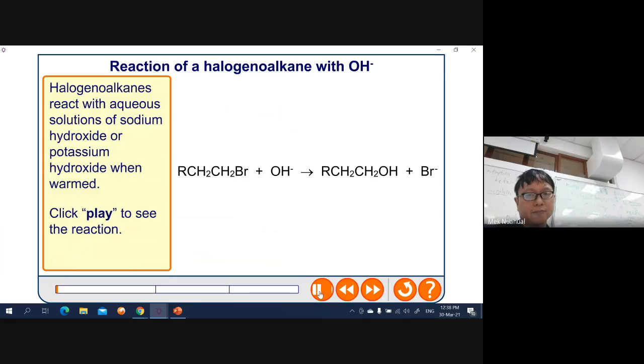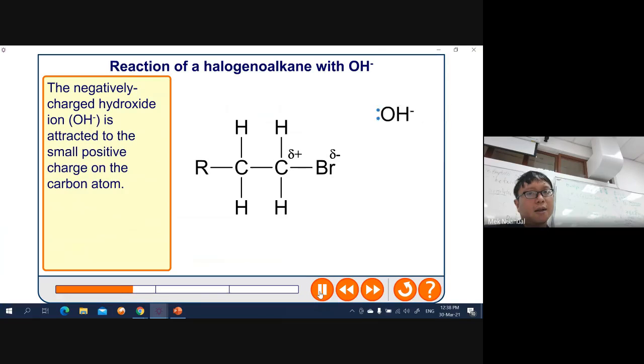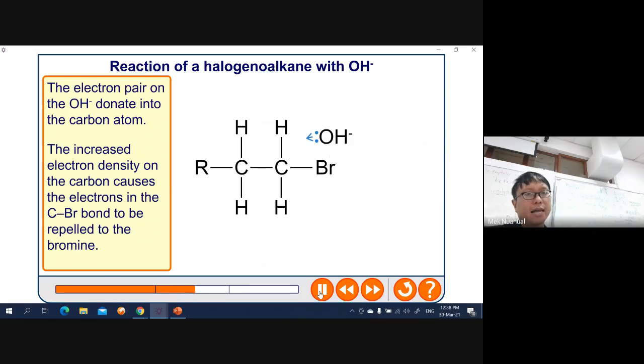Let's see the details. The negatively charged hydroxide ion is attracted to the positive charge on that carbon atom. It's going to break away from its own alkali, and then the electron pair on the OH donates onto the carbon atom.